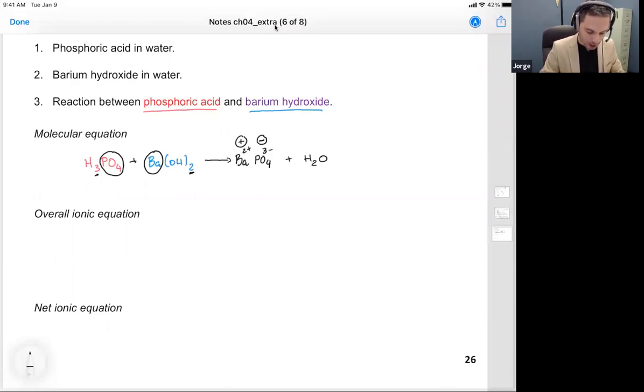So the problem is almost solved. Now the next step is to cross the charges in the salt formed. Let me rewrite the formula down. Crossing the charges, we have Ba3, and we are going to multiply the whole phosphate unit by 2, PO4 2, plus water.